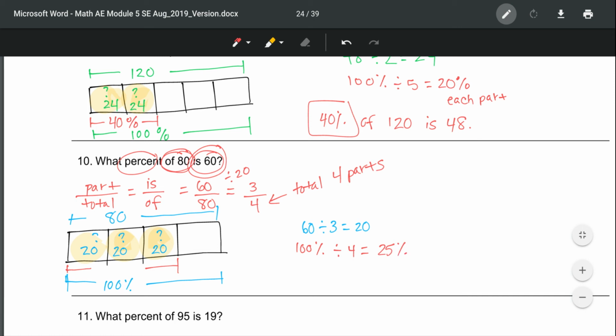So each of these has a 25% value. So you take 25% times 3, and that would be 75%. Okay, so that means that 75% of 80 is 60.